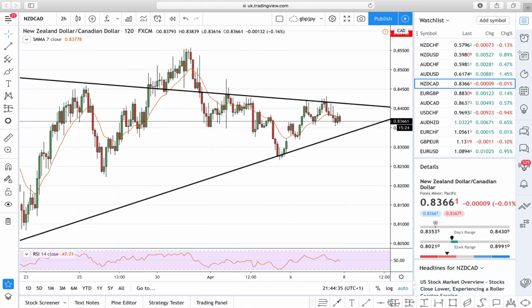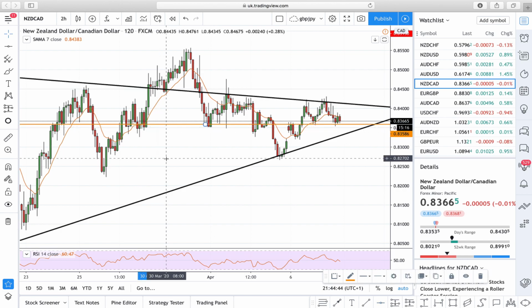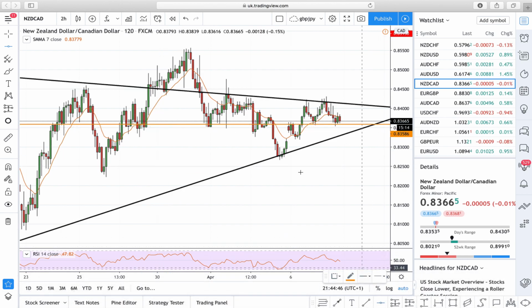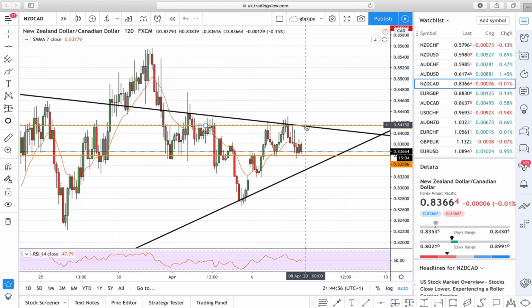So now you need to be looking at your support and resistance levels. You can see here we've got a nice level of support just there. Then from the support we have our resistance. We have a bit here, then we also have a lot more on the tip of this downtrend.